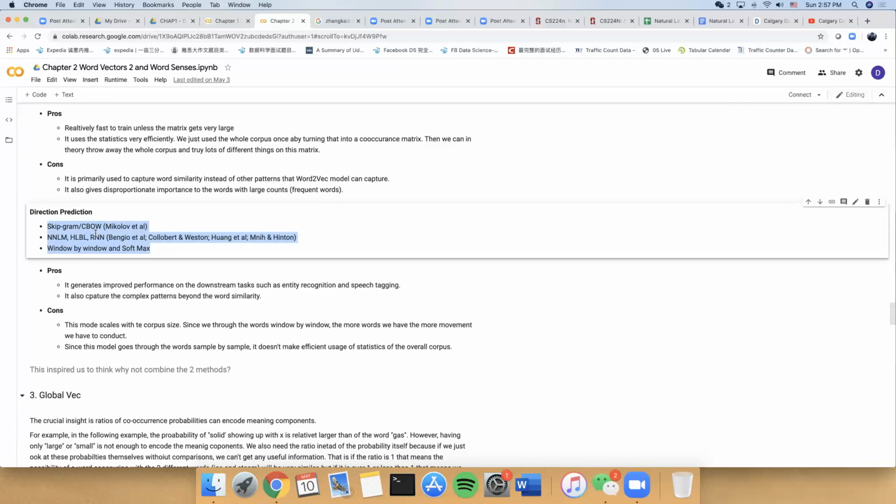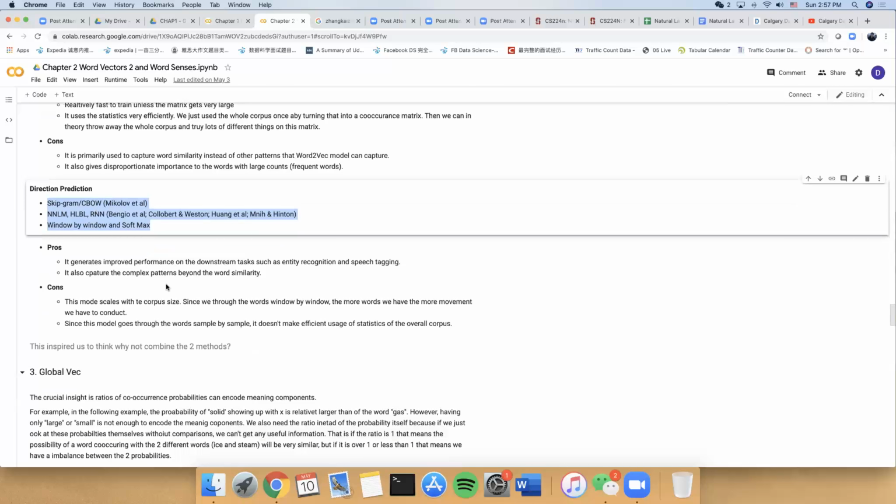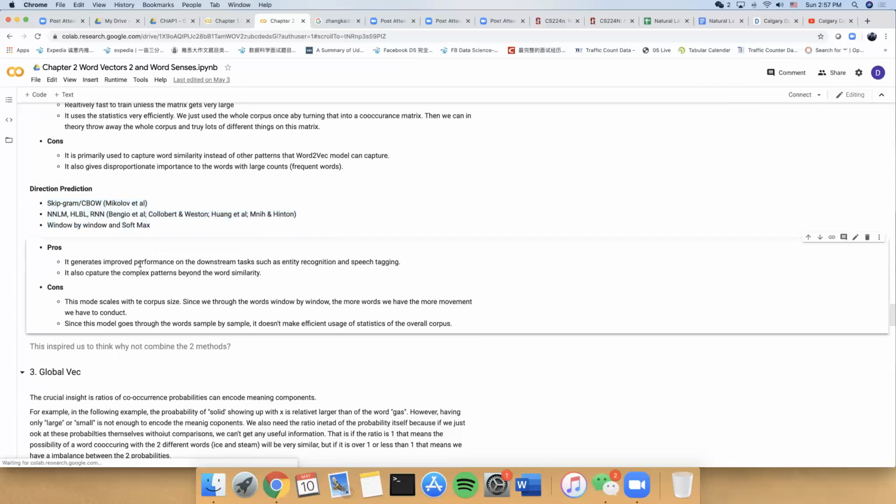What we care about is what role you are playing as a center word or context word in the window. We care about your meaning, your explanation. The advantage is improved performance on downstream tasks, for example entity recognition and speech tagging. Because for speech tagging and entity recognition, we don't really need to know how many times numbers show up.